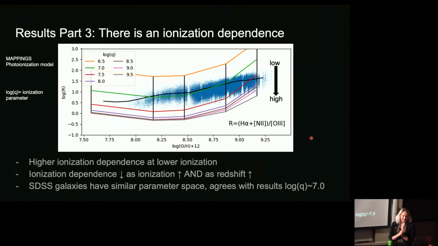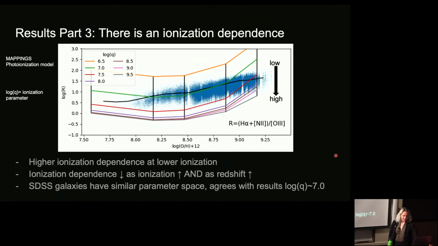This is actually a good sign if we want to use this diagnostic for high redshift surveys, because we should assume that at higher redshifts, the universe is younger, star formation is peaking, and we should see higher ionization levels, which would agree with this less ionization dependent model below. And we have found with preliminary testing of higher redshift data that this agrees with our model. So that's a good sign for using this diagnostic at high redshifts.